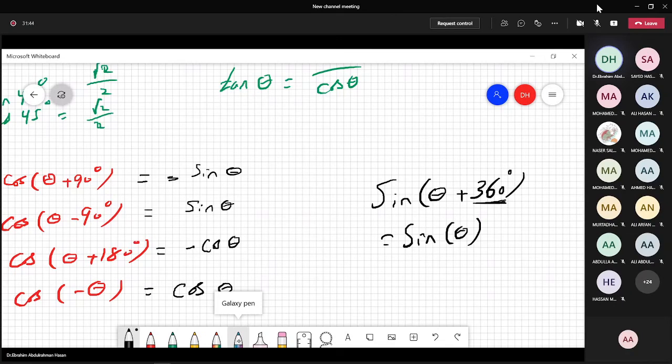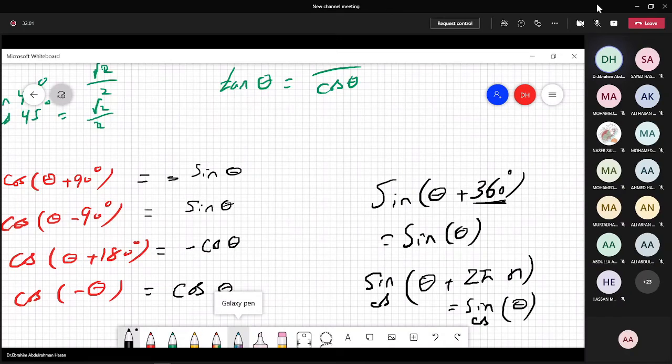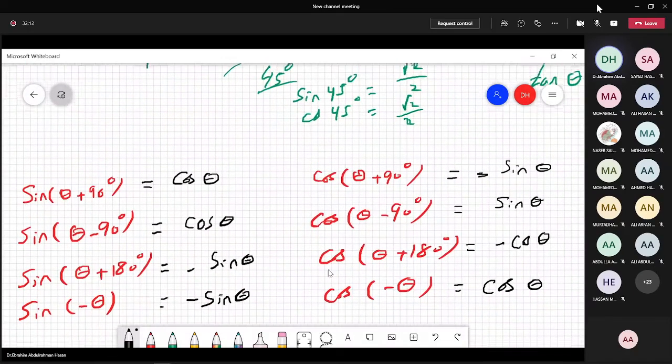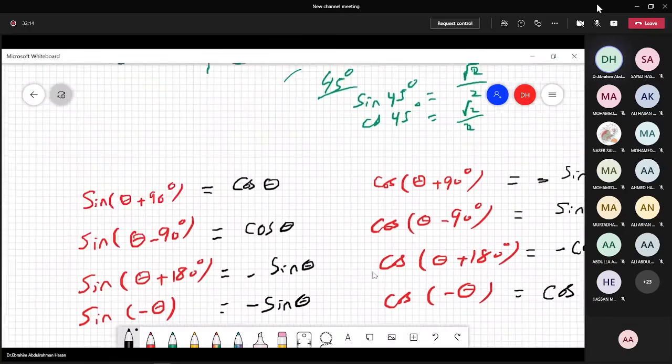In general, sine or cosine of theta plus 2 pi multiplied by n is always equal to sine or cosine of theta. 360, 720, and so on. But what about these? Let's see how to find them.